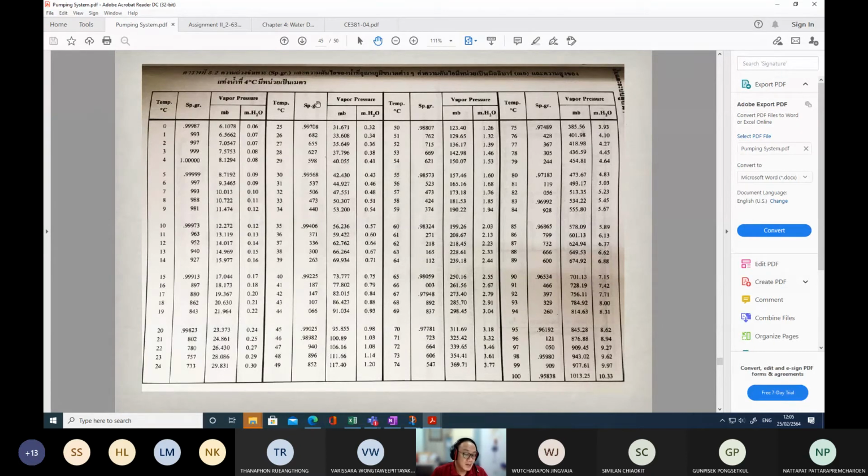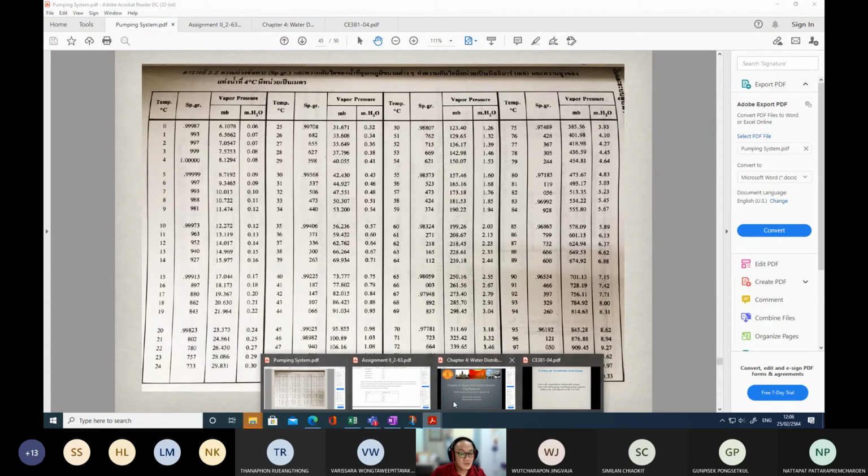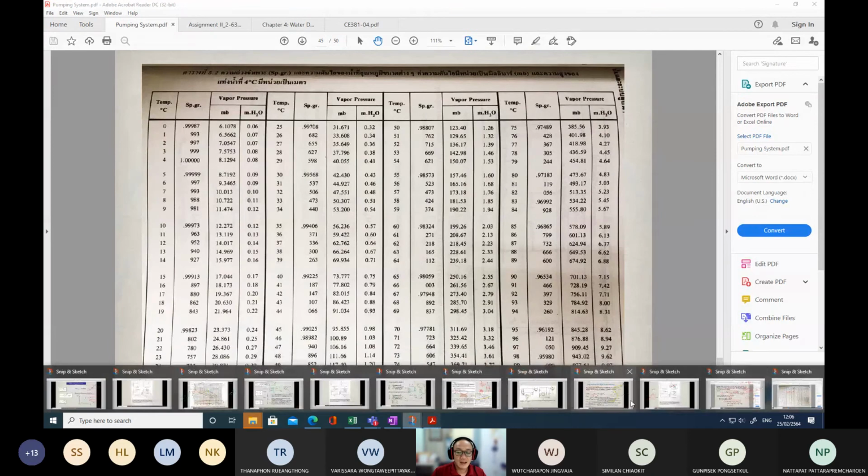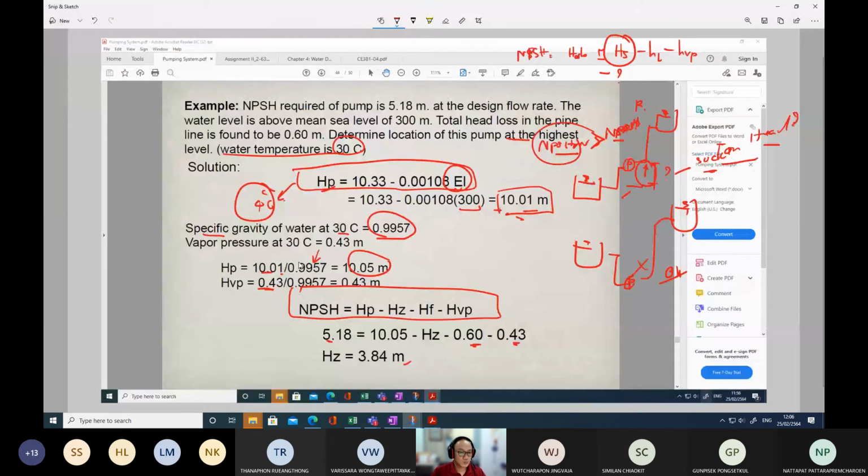The unit is meters, not with respect to any temperature. So to use it you have to correct it by dividing by the specific gravity, but it's slightly different because the specific gravity at this temperature is 0.9957, so 0.43 remains the same even when we correct it.